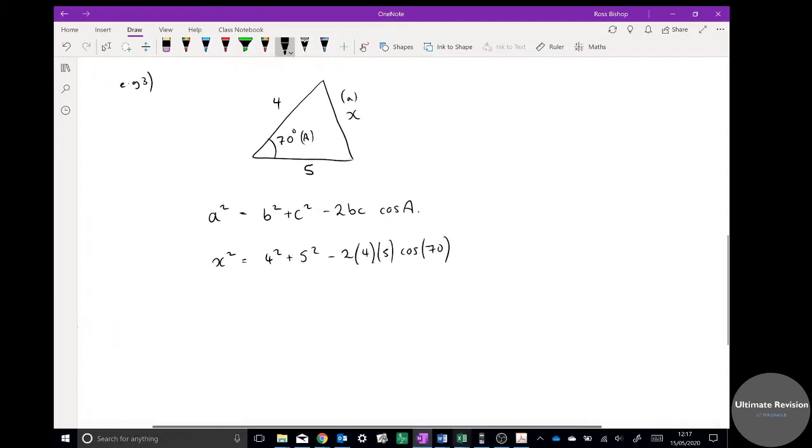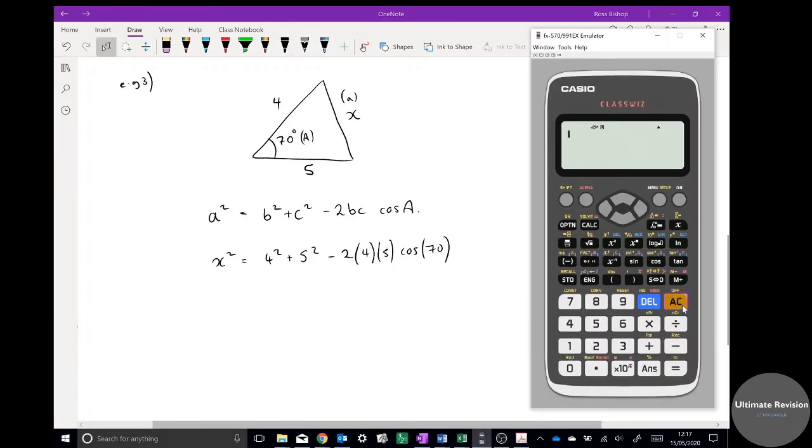Okay, let's stick that all into our calculator. Use brackets rather than times signs, it's less likely to go wrong. That's 27.31.